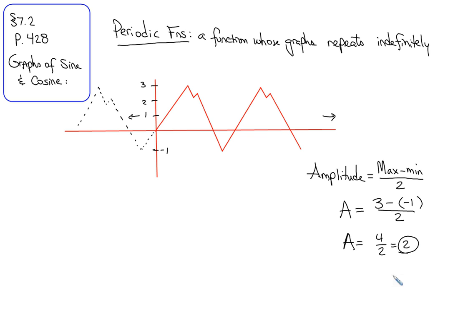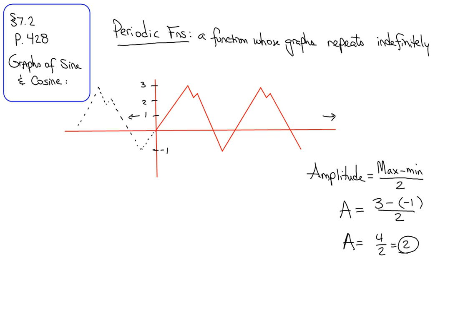That is our amplitude. Now, it's very important to understand that amplitude is always a positive number because it's defined as maximum minus minimum divided by 2. If you take a big number minus a smaller number, you have to get a positive answer for that difference. When you divide it by a +2, you still get a positive answer. So your amplitude will always be positive.